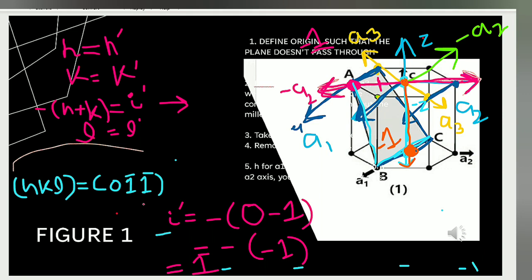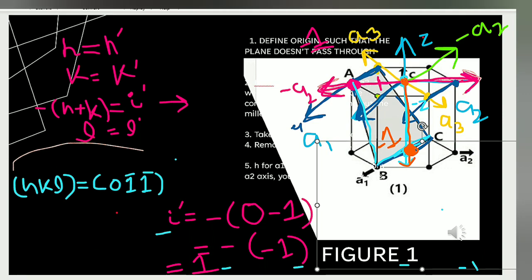So if I have to write the final result for Miller-Bravais indices, then it would be h prime, k prime. In some books, prime digits are used for Miller indices, but I am using them for Miller-Bravais indices.